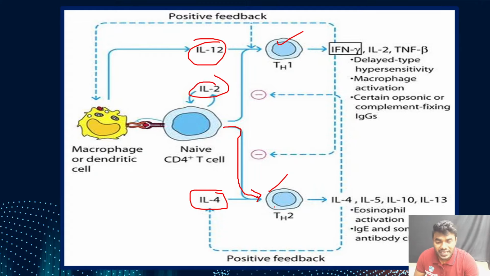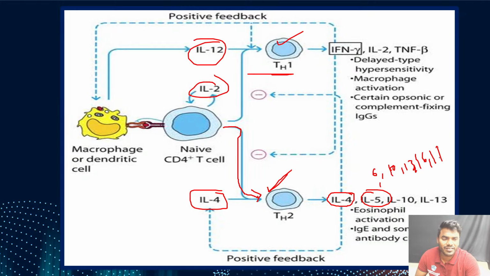Interleukin 4 is the major activator of T helper cell 2, whereas interleukin 12 and 2 are the major activators of T helper 1. Please don't confuse. Now this interleukin 4 activates the T helper cell 2. T helper cell 2 in return releases interleukin 4, 5, 6, 10, 13, 16 and 17.